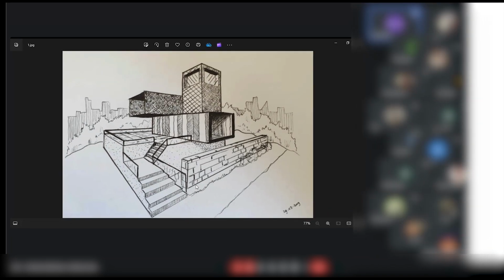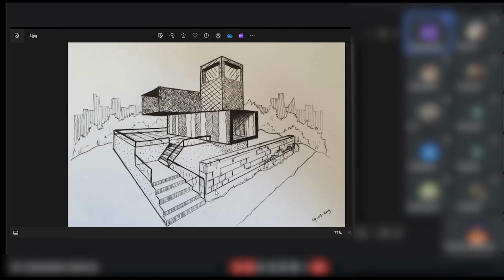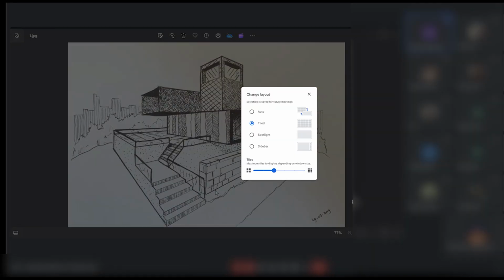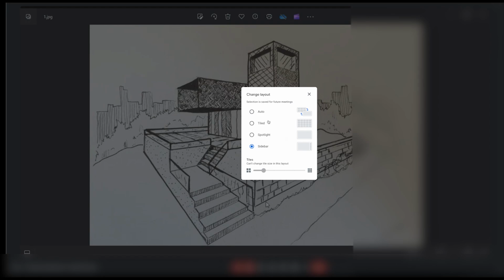So can anyone tell me what is exactly happening in this sketch? What do you guys observe overall? Anyone?